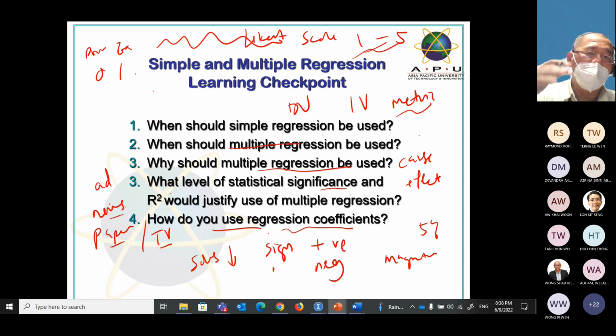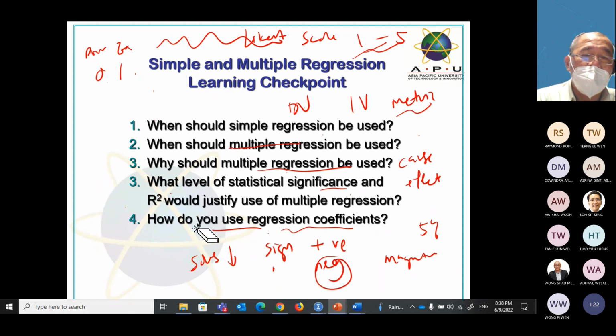Maybe some people have no TV, they watch video using YouTube and so on. Before, your sales dropped. From here, its sign is negative, meaning you should stop advertising in newspaper and also TV. This is the sign. And then you also see the magnitude.